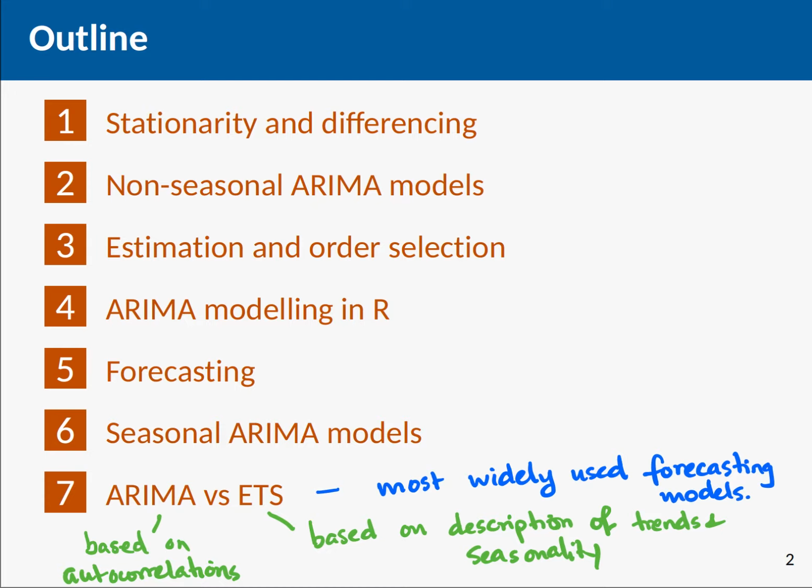We'll talk a little bit about the estimation and order selection for our models, and then how we translate these models into an applied setting in R. And last but not least, we will forecast the models. The tail end of the chapter is going to be talking about some of the differences and similarities between ARIMA and exponential smoothing methods or models.